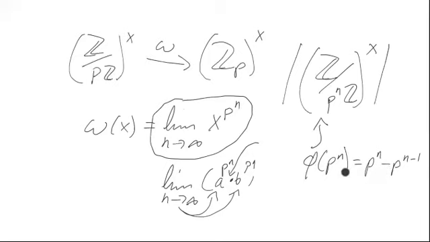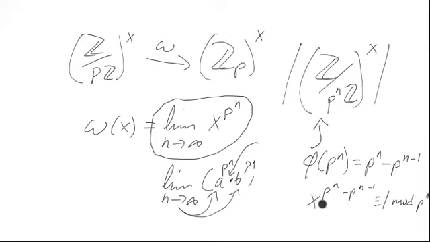We're going to use that idea because we know if we take anything in here and raise it to that power, we get 1 in this mod. So in particular, if you take some x in there and raise it to the p^n minus p^(n-1), that's going to be congruent to 1 mod p^n.